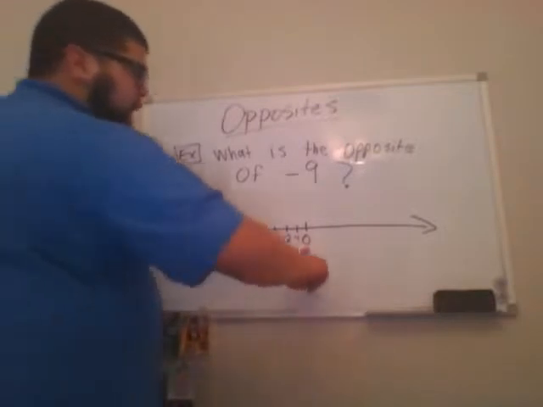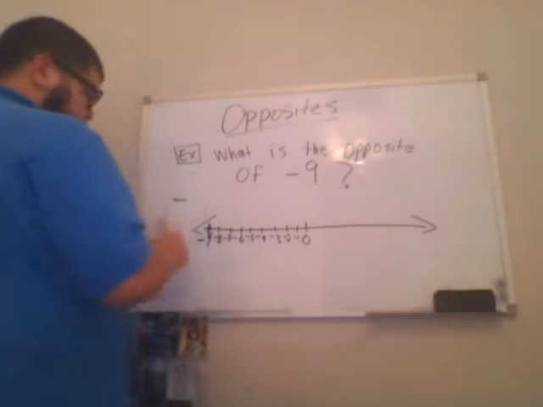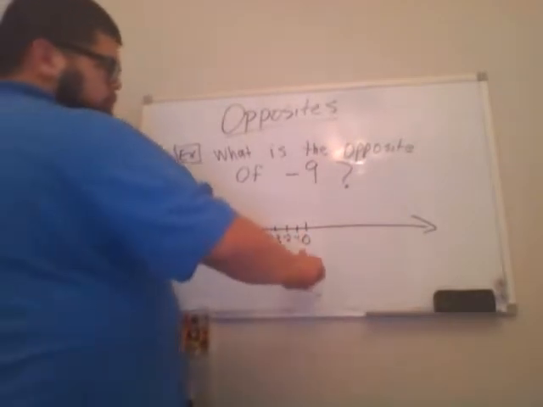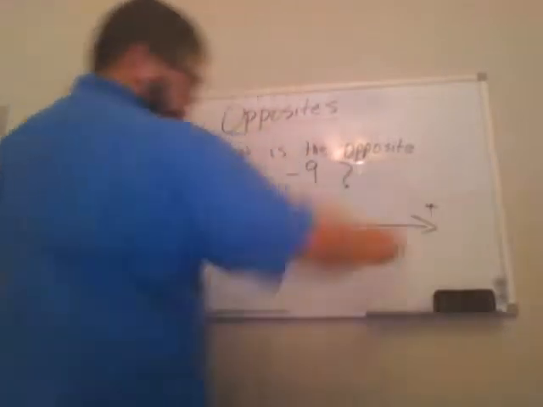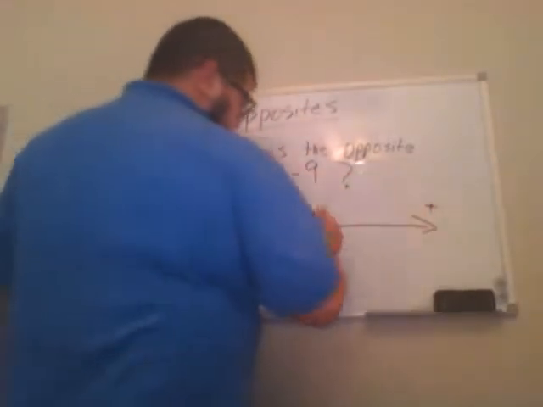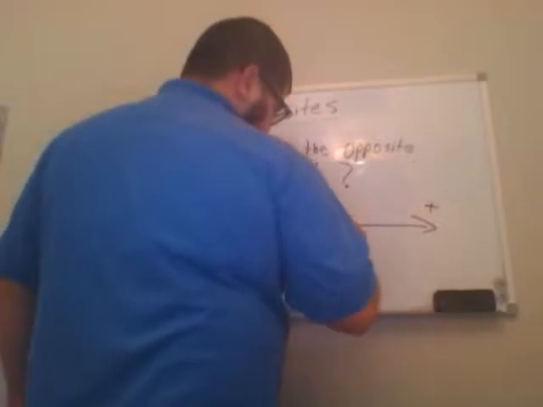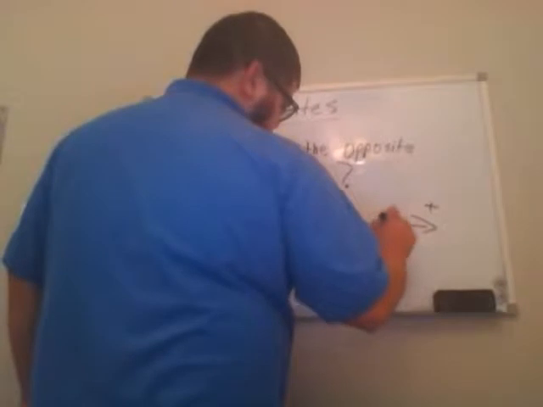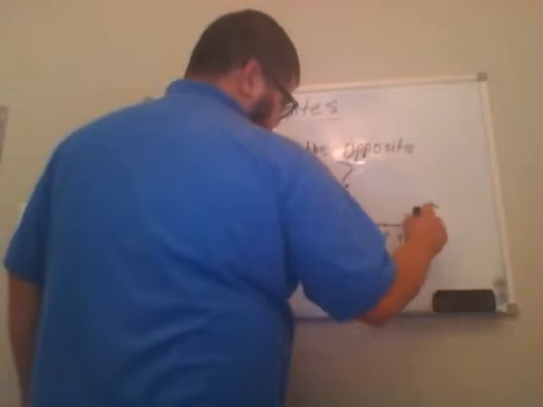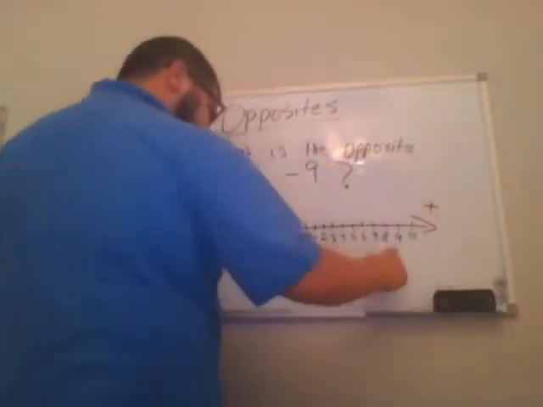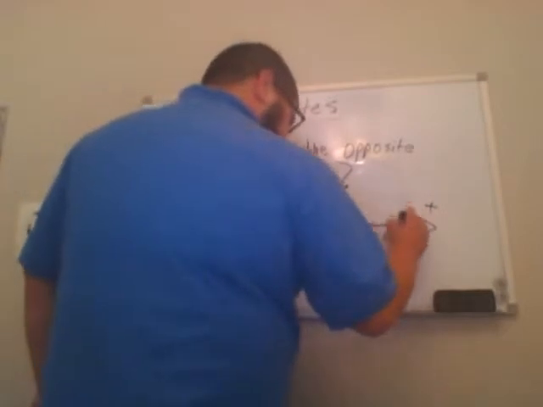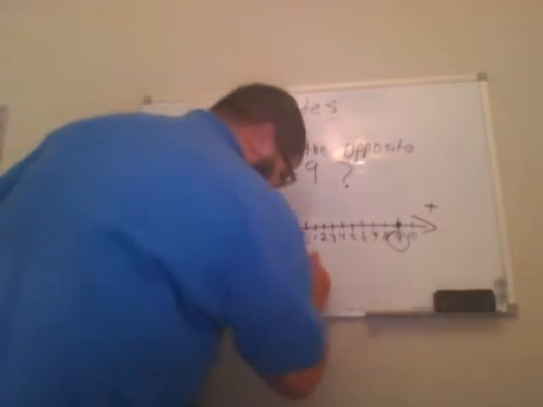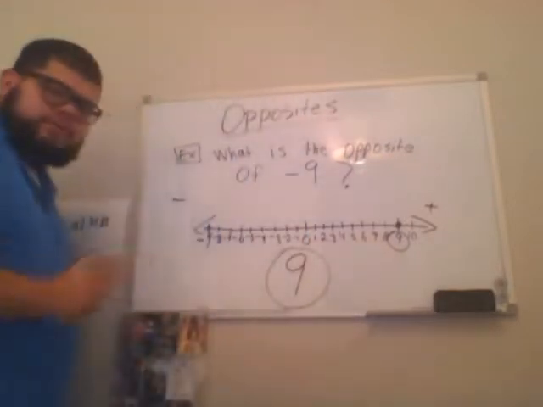So that means we got to count 9 in the other direction. Now we're going to count 9 from 0 in the positive direction. That's this way, right? So let's do that. 1, 2, 3, 4, 5, 6, 7, 8, 9. And so we counted 9, and we know that this is our answer. So what is the opposite of negative 9? The number 9. Okay?